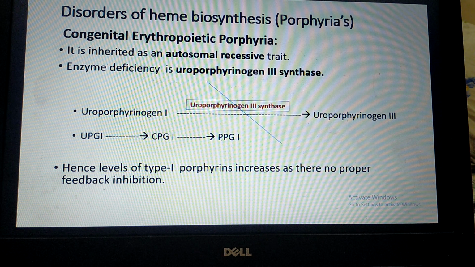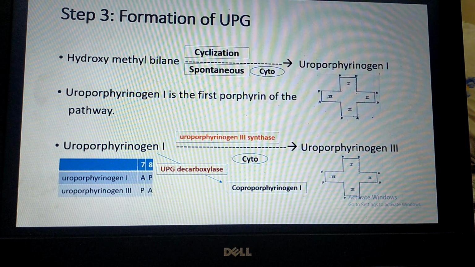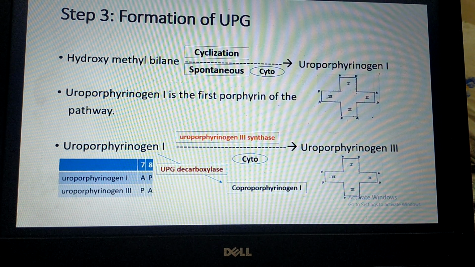If this step is hampered, then uroporphyrinogen I is accumulated. This uroporphyrinogen I undergoes decarboxylation with the help of the enzyme UPG decarboxylase and forms coproporphyrinogen I. So the level of coproporphyrinogen I is highly increased.